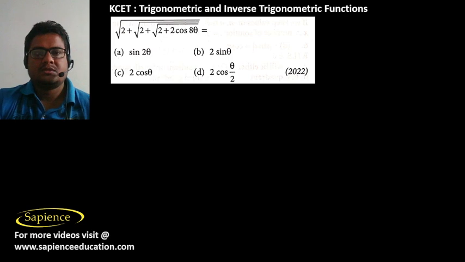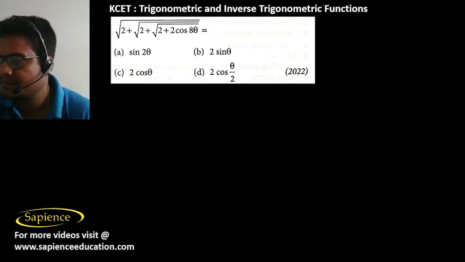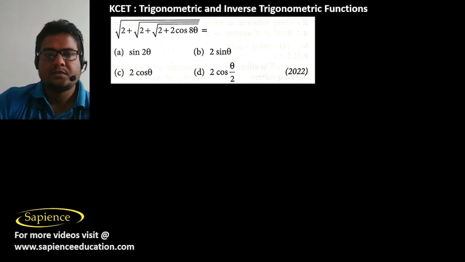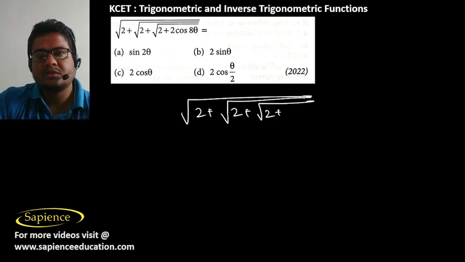Then here it is told to find the value of square root of 2 plus square root of 2 plus square root of 2 plus 2 cos 8 theta. So this I can write 2 into 1 plus cos 8 theta.